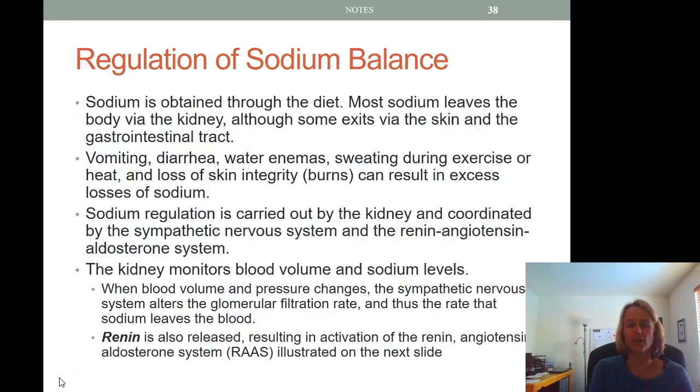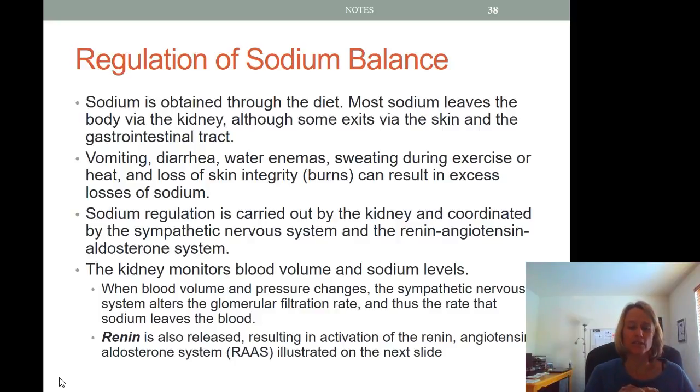Sodium regulation is carried out by the kidneys, and is coordinated by the sympathetic nervous system and the renin-angiotensin-aldosterone system. The kidney monitors blood volume and sodium levels. When blood volume and pressure change, this can cause the sympathetic nervous system to alter the glomerular filtration rate, and thus the rate that sodium leaves the body.